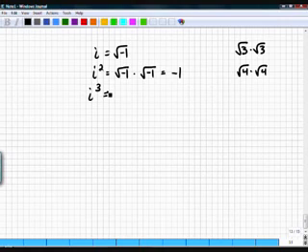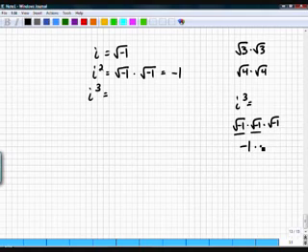i to the third. If you want to do it like this, that's the square root of negative 1 times the square root of negative 1 times the square root of negative 1. There are several different ways you can think of this. Square root of negative 1 times square root of negative 1 was negative 1, times the square root of negative 1, we can't do anything else with that.